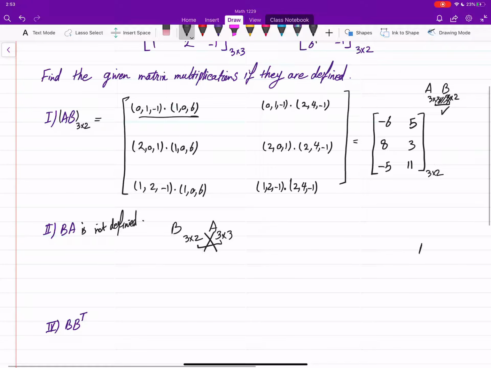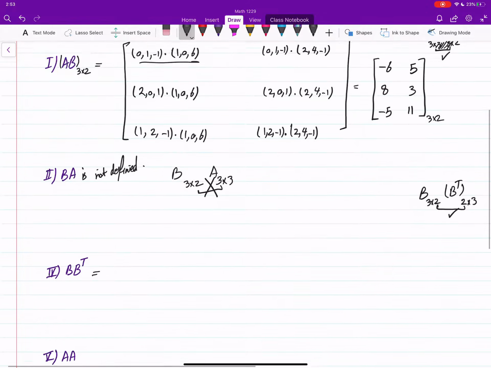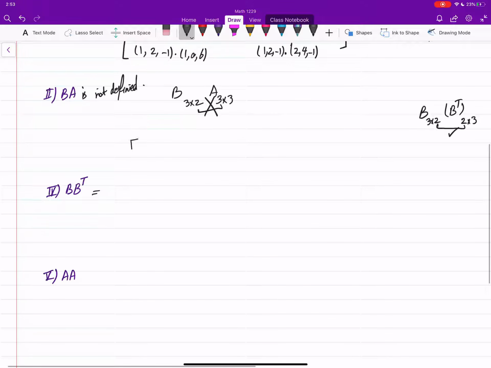See, B is what? 3 by 2. And B transpose will have the opposite of these ones. So 2 by 3. Now you see these two are equal. The result will be a 3 by 3 matrix. So I will take this one.